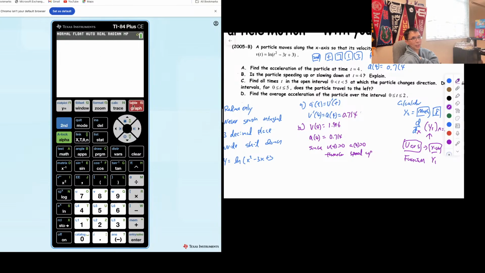Now you go to table. I can do 1.5. That's going to give you like this, or 1.28. Oh, they're both negative, so it's speeding up, right? So I can ask for different values and get 2 values at the same time. This is the advantage of using the calculator.